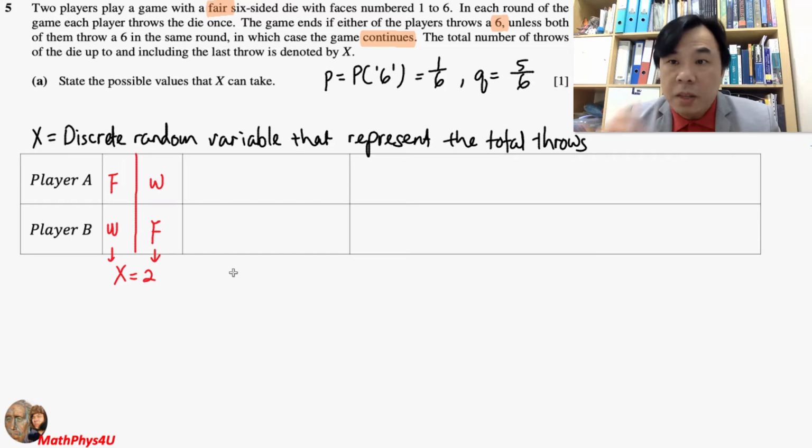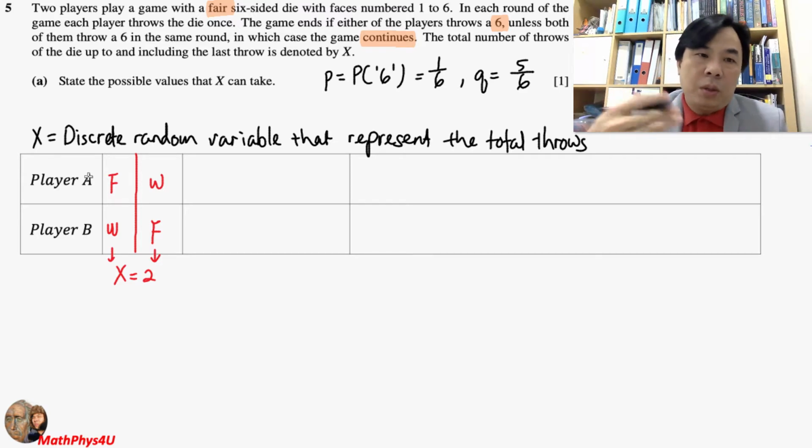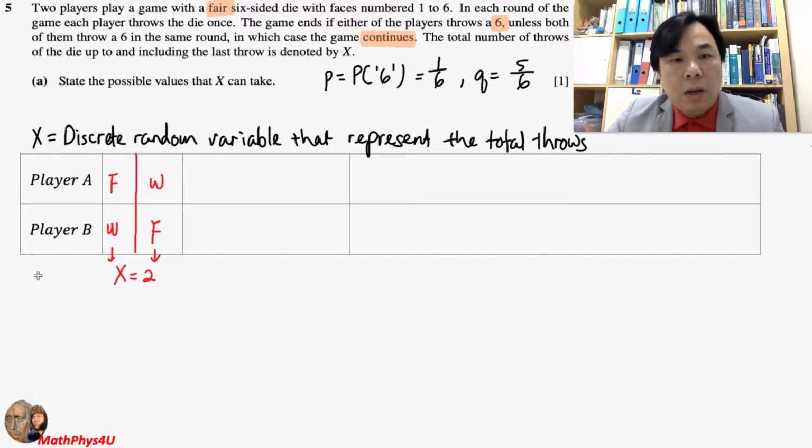Okay, think about that. Now next, I'm going to look at whether there is any other possibility for every round that you play between the 2 players. So the second possibility, I would say: here I'm going to start by assuming that the first player failed, and then the second player also failed to get a 6.